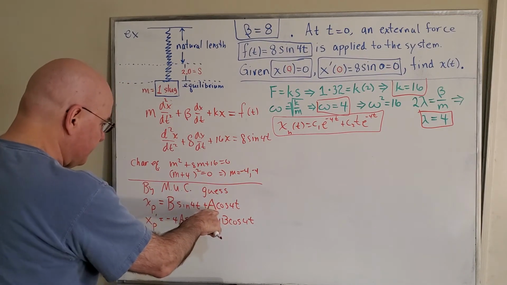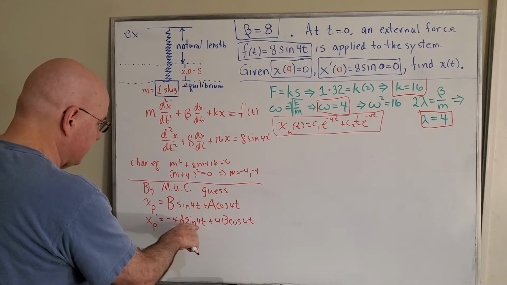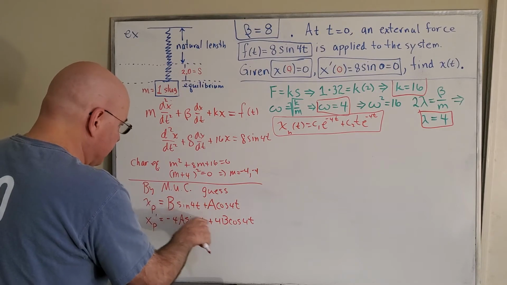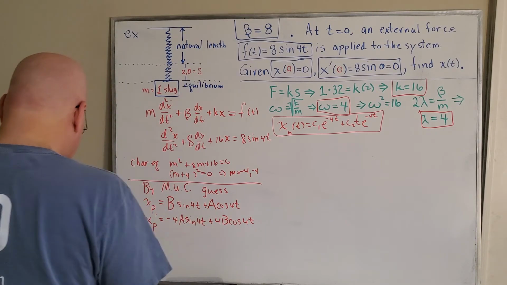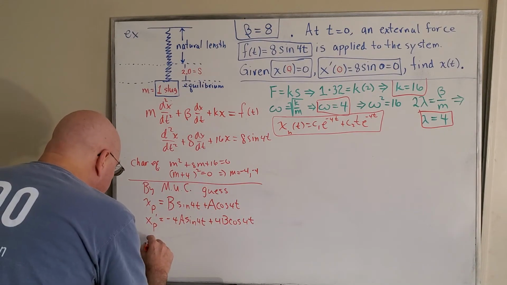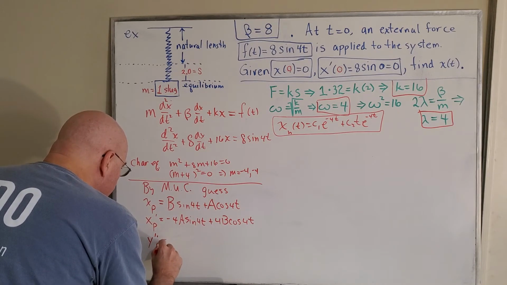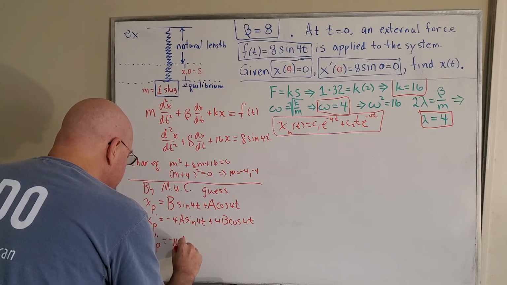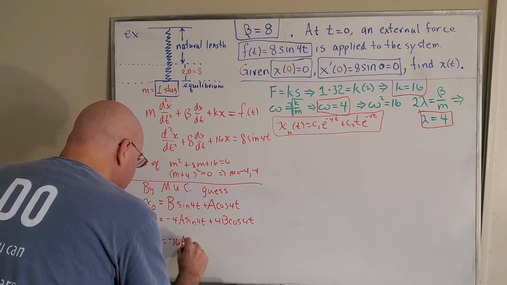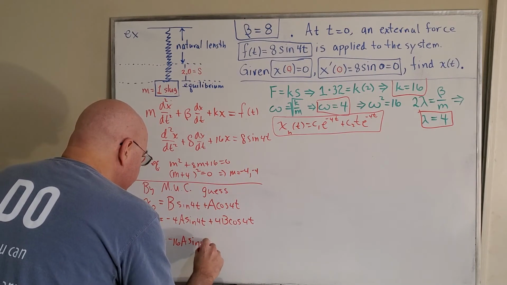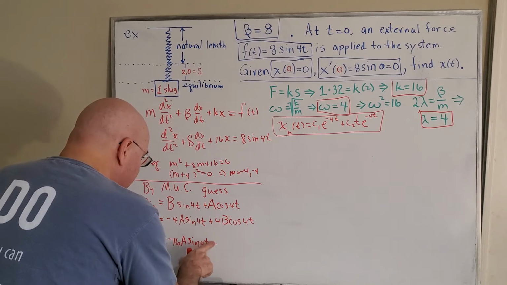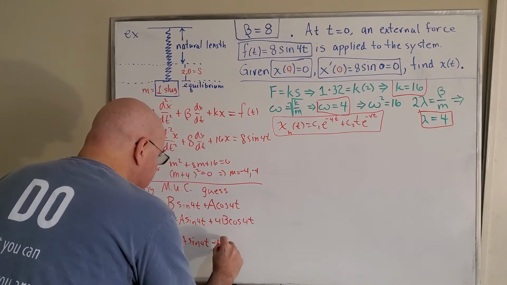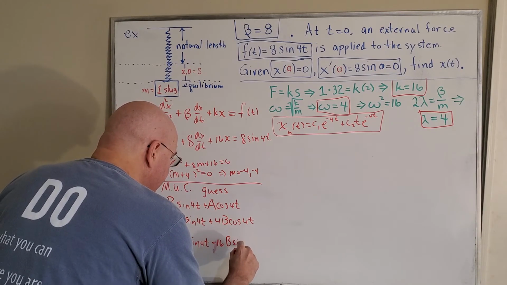So the derivative of this one is negative 4A sine 4t, plus 4B cosine 4t, and then y double prime, which is just the derivative of y prime, is going to give us negative 16A cosine 4t, minus 16B sine 4t.